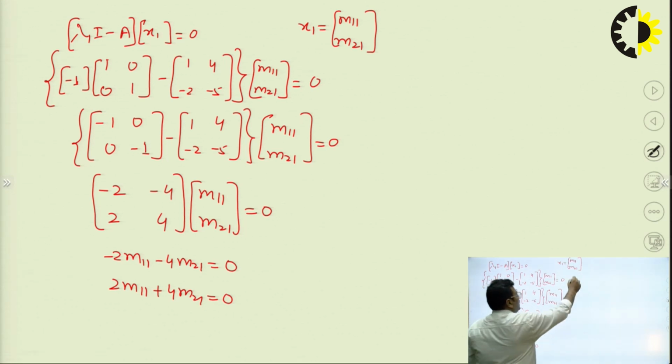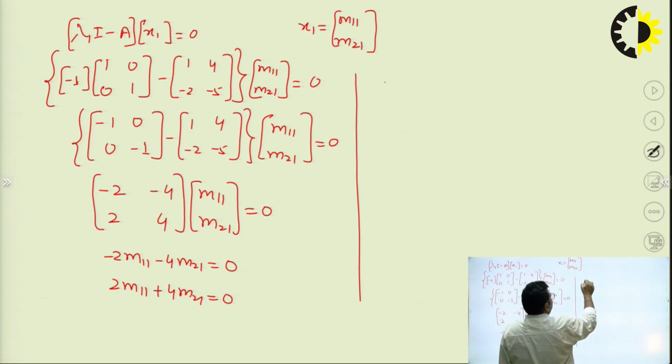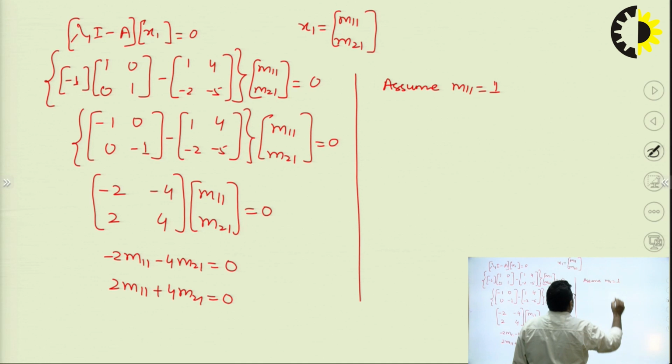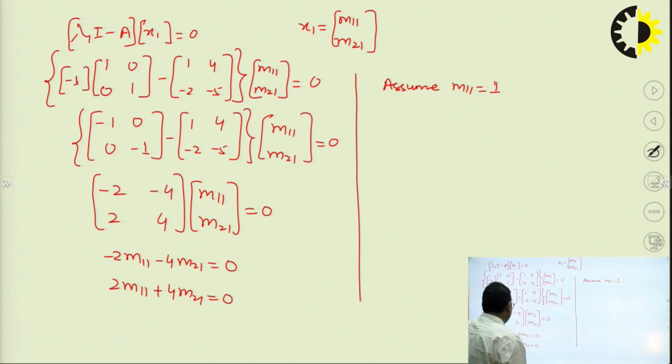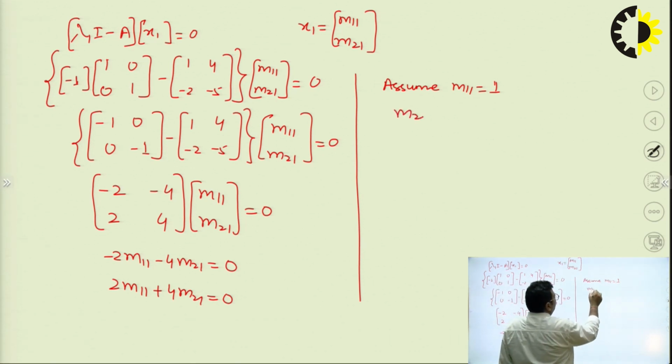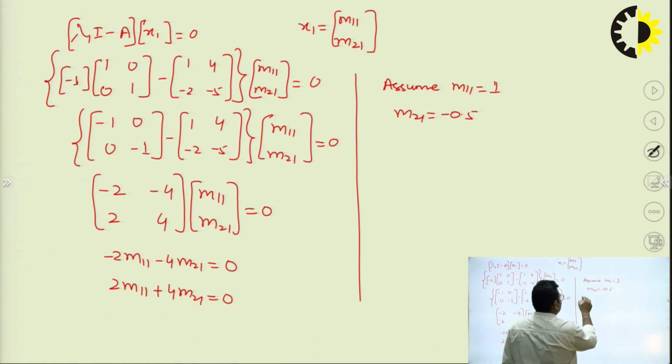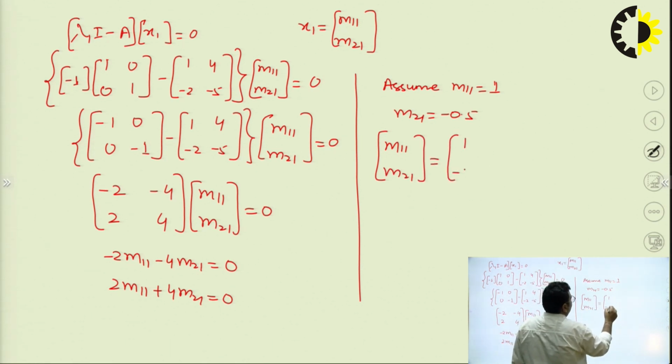Now here we assume m11 is equal to 1. If I select m11 is equal to 1, then m21 will be minus 0.5. So I have obtained m11, m21 equal to 1 and minus 0.5.